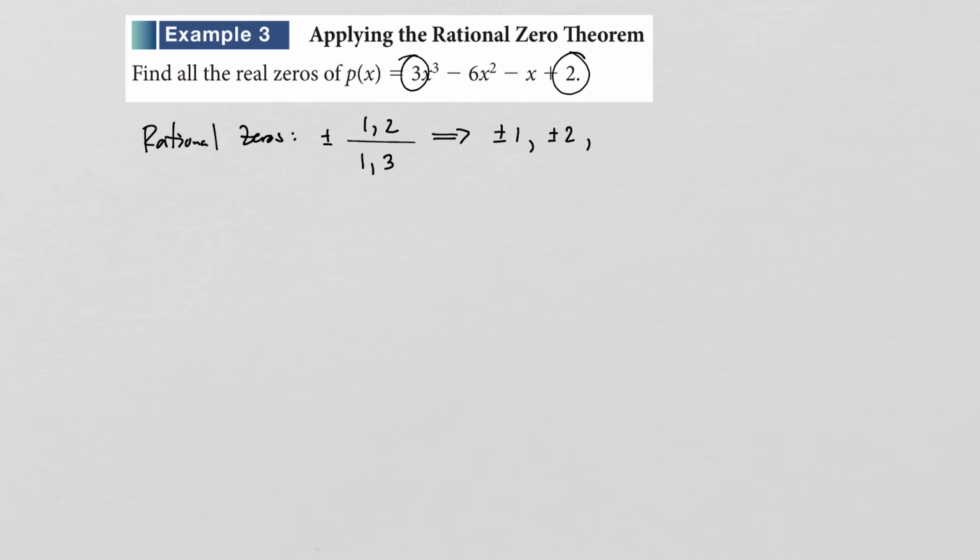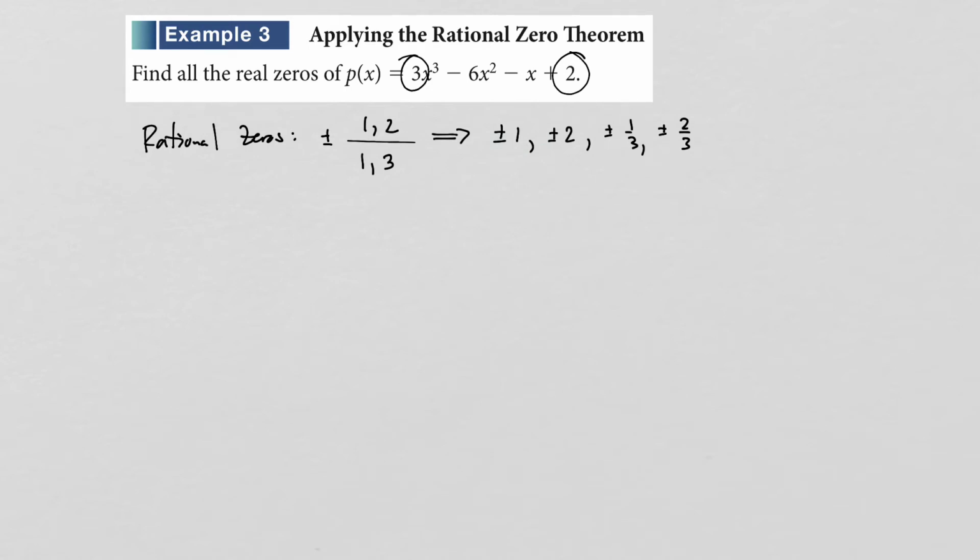And then we can also do 1 divided by 3, which is plus or minus 1/3. And finally, 2 divided by 3, which is going to be plus or minus 2/3. So if we have a rational zero, it has to be one of these 8 numbers.